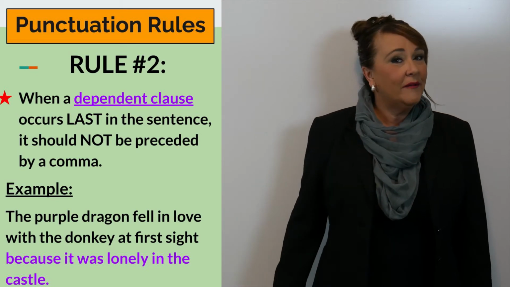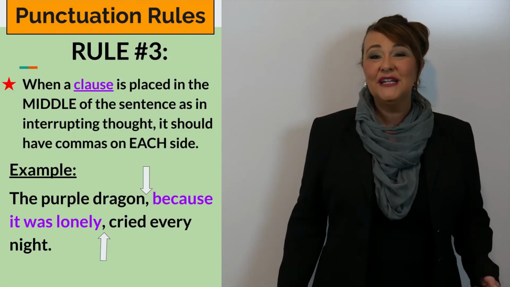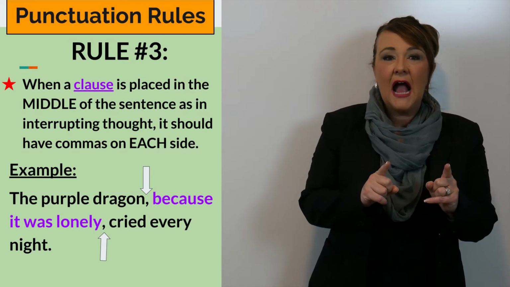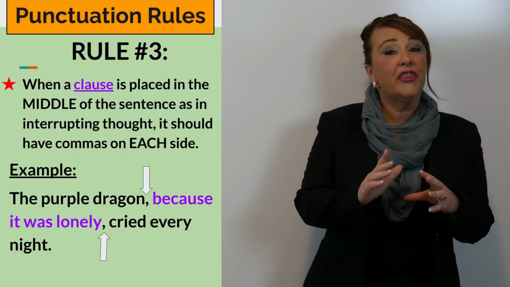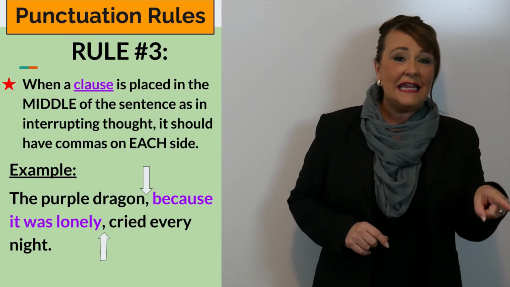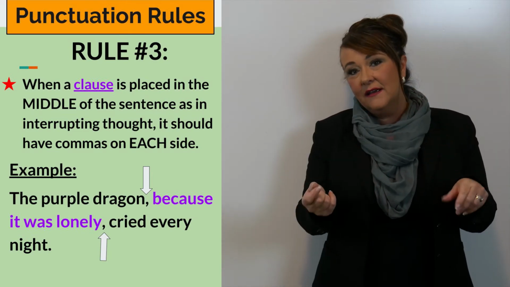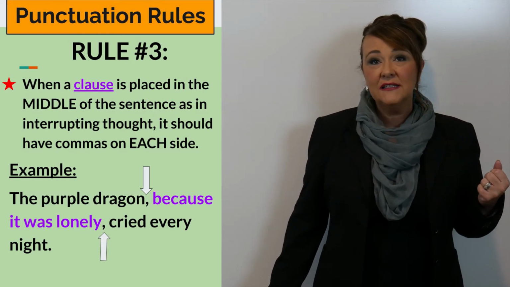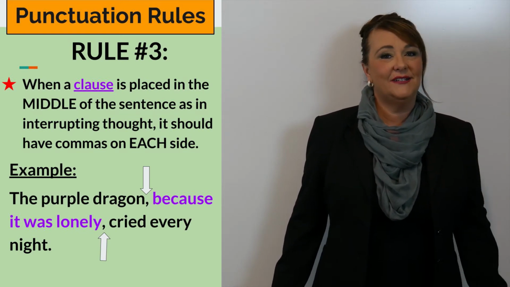Now the 3rd rule is that when the clause is placed in the middle of the sentence, it's kind of like an interrupting thought. It needs to have a comma on each side. Let's look at an example of when the dependent clause is in the middle of the sentence.